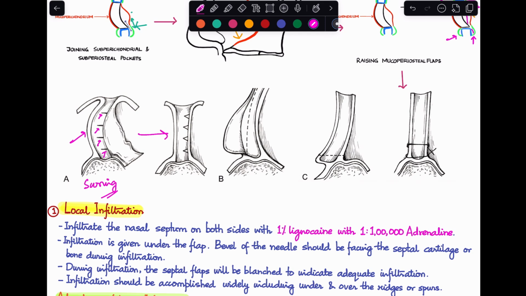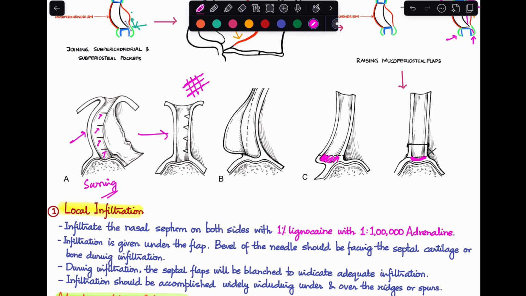Then we can even do cross hatching. Cross hatching is basically something like this. Then you can even shave the convex side of the cartilage and remove the excess part. Let's look at this image over here. Sometimes this is a caudal septal deviation. All you need to do is excise a portion of this inferior part of the septal cartilage and place it back into the floor, into the groove.